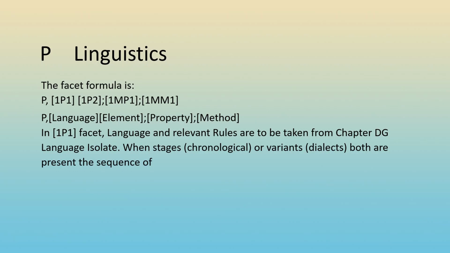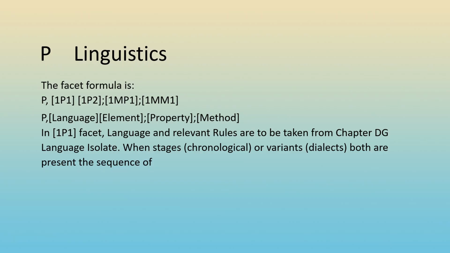Next we move on to basic subject linguistics denoted by the notation capital P. The facet formula is P, 1P1, 1P2, 1MP1, 1MM1. So P language, element, property, method.